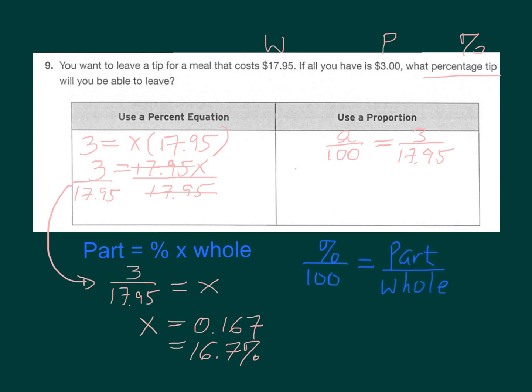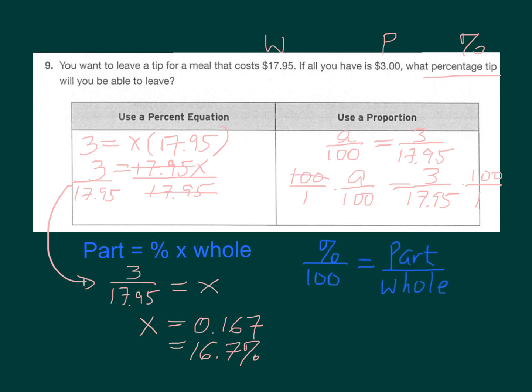Okay, so let's just do 100 over 1 times x over 100 equals 3 over 17.95 times 100 over 1. Okay, so you see that I'm just multiplying 100 over 1 to both sides, so I'm not changing the value, but by doing so, I could get rid of all the other stuff and leave only x on this side.